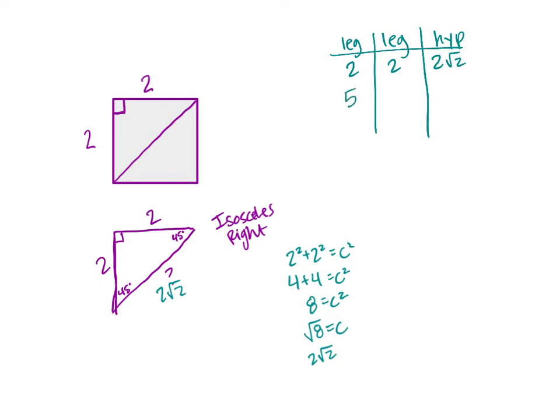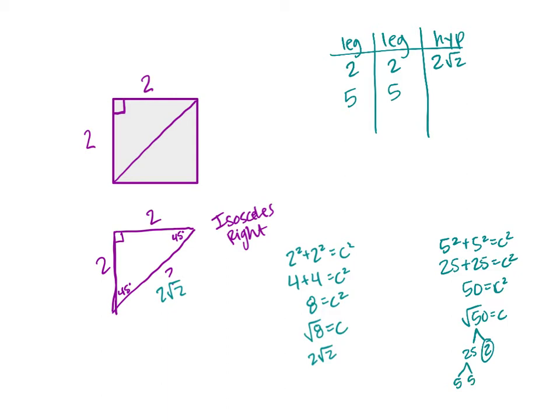If it was 5 and 5, we would do 5 squared plus 5 squared equals c squared. And then that would give us the square root of 50. And then if we split that up, we would get 5, 5, and 2. And so that would be 5 root 2.